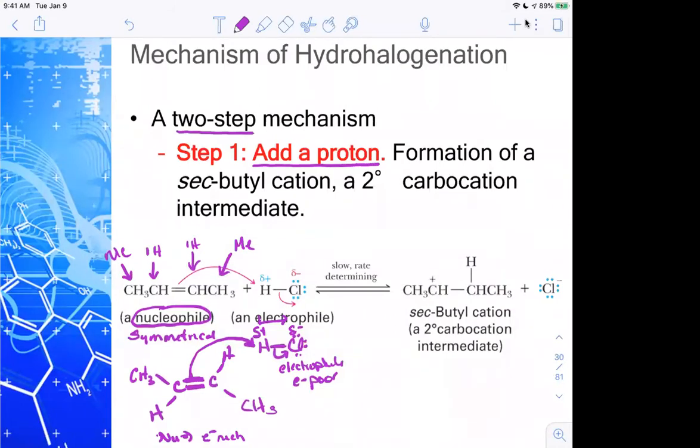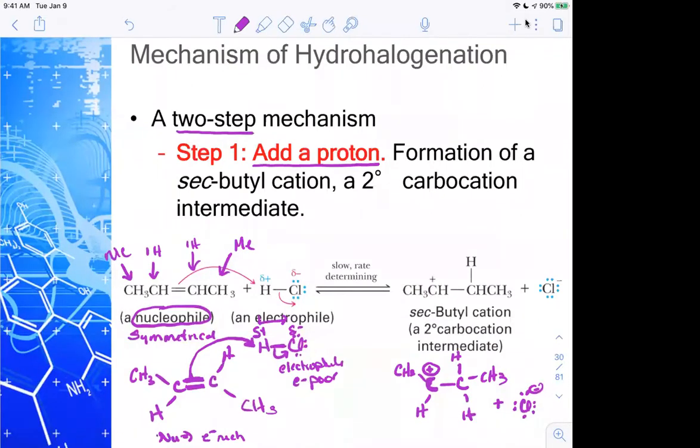What I'm going to get then is this CH3, CH, attached to this carbon. Here's my new bond to the hydrogen. I still have the CH3 and I have the H. I also have that chlorine negative, and I only have 3 groups to this carbon, so this is a positive charge.